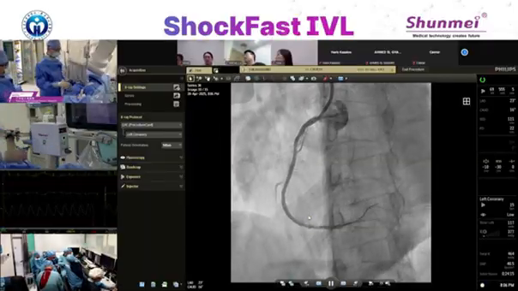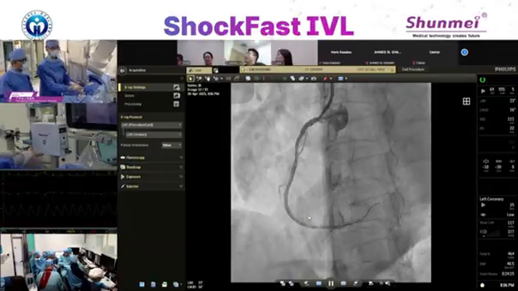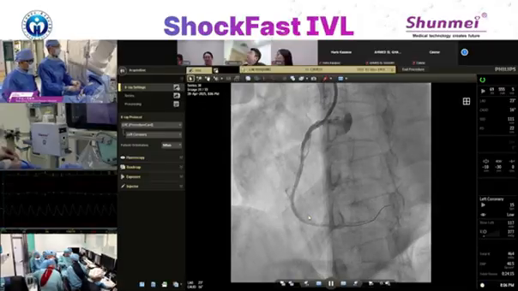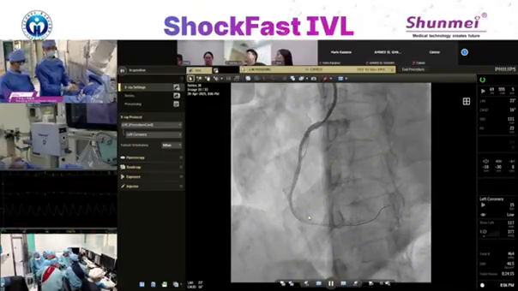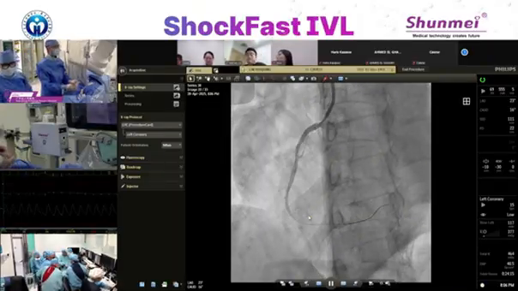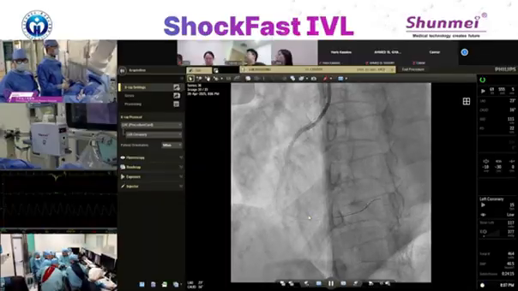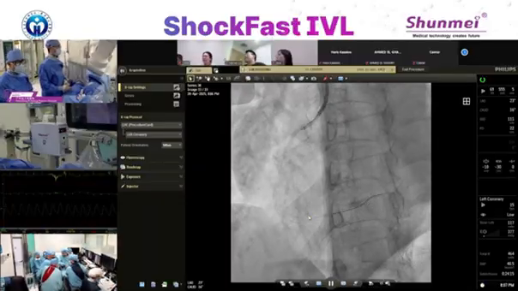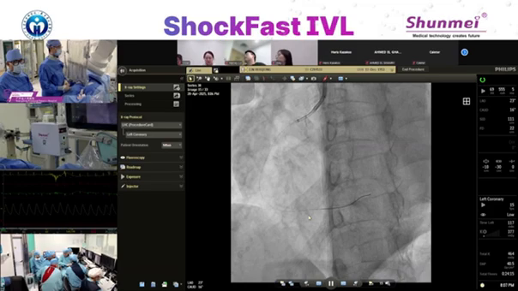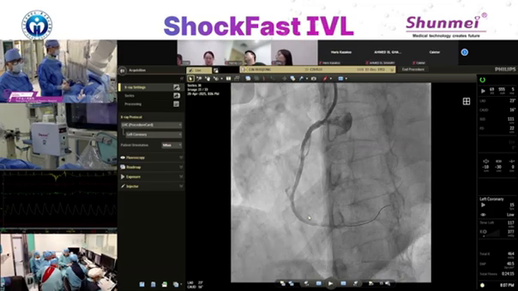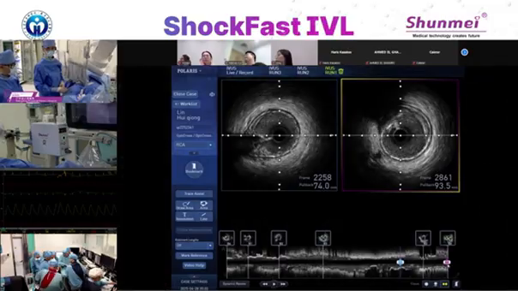The lumen, the diameter of the lumen is 3 something. Okay. How long? 3. Cover the proximal first. Is 18 enough? 3.0 by 18 or 20? 20.